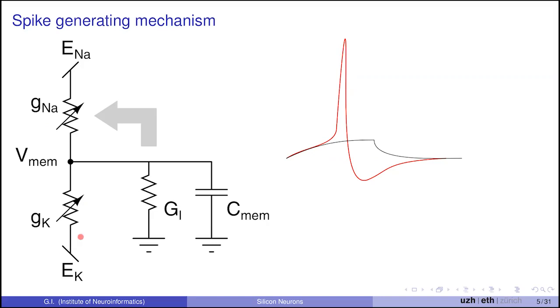Then when you turn on the potassium, you discharge, and you keep on discharging even below the resting potential. And then at some point, these will also start to switch off. Then you have your passive leak, which is again an exponential part here, and you go back to your resting potential. So this is basically an intuitive explanation of how action potentials are generated in cells.